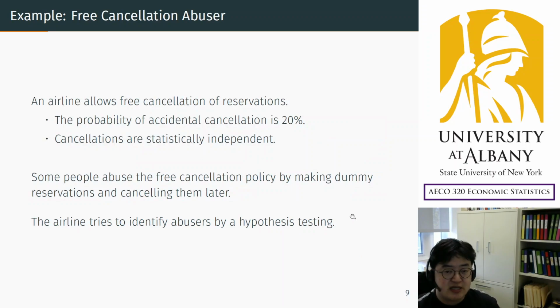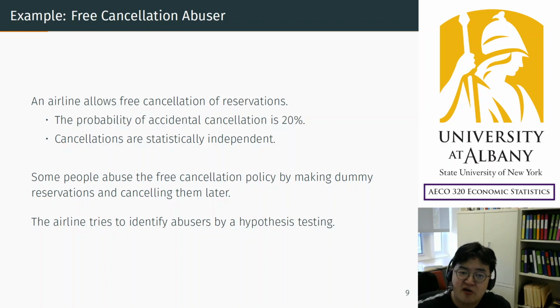So suppose that an airline company allows free cancellations for their reservations. And suppose that if you are just a good customer, you may cancel your reservation with 20% probability. There may be accidents, like you may be sick, or your business trip may be canceled for another reason. There are fair reasons for cancellations. And we are going to assume cancellations are independent.